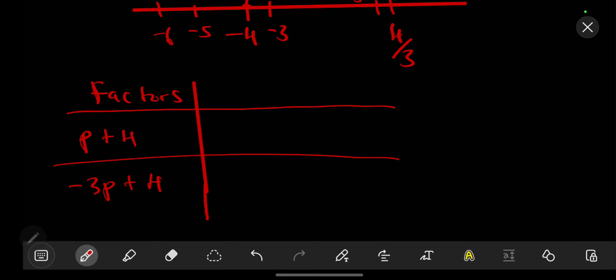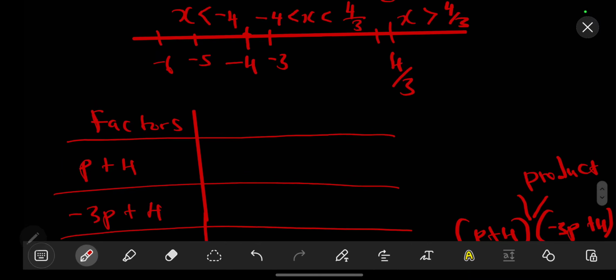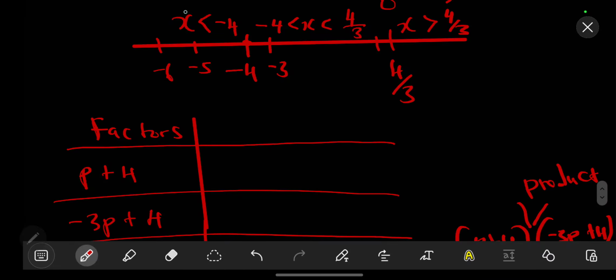Since these are in one bracket, p plus 4 times negative 3p plus 4, the multiplication between these two is what we are going to call a product. Then just take whatever you wrote from the number line.